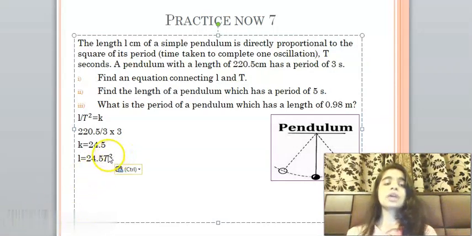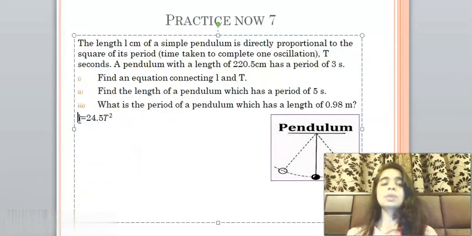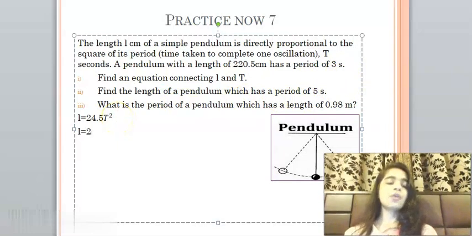Alright. So now let's start part 2. We will keep this equation because it will be useful in part 2 and 3 as well. Find the length of the pendulum which has a period of 5 seconds. So very easy. The period is 5 seconds. We just need to put this 5 in place of this T. So L will be equal to 24.5 multiplied by T square.